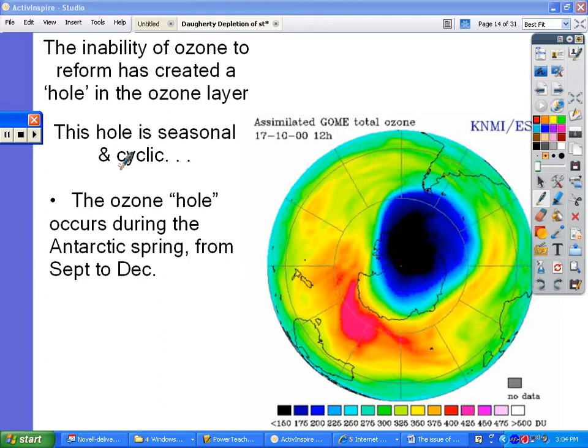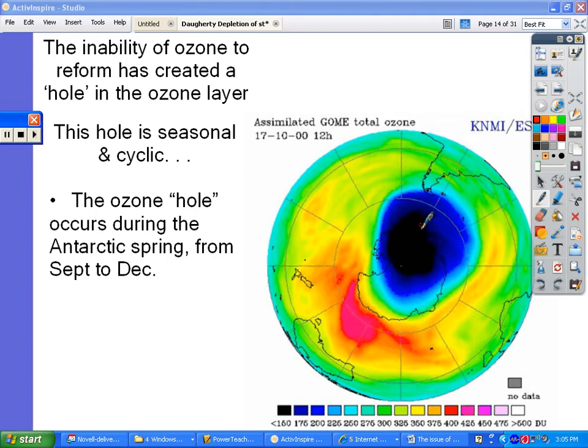It's just a thinning of the ozone layer, but they call it a hole because instead of it being nice and thick like it normally is, it thins out. We see it during the Antarctic spring, which is opposite of our spring. So Antarctic spring would be September to December. That's when they have the thinning of the ozone, and it's mostly down here in the southern hemisphere.